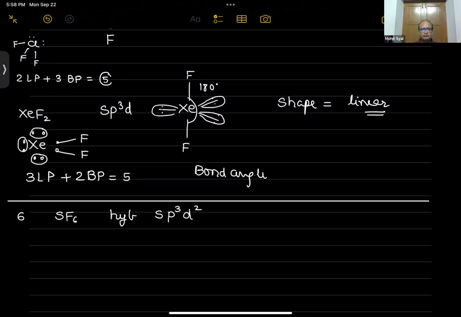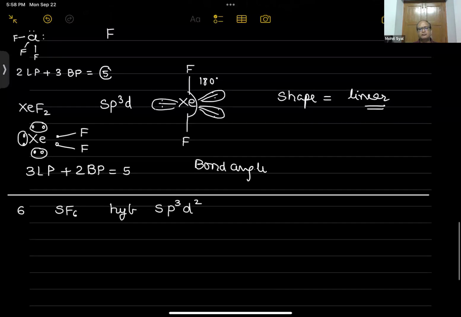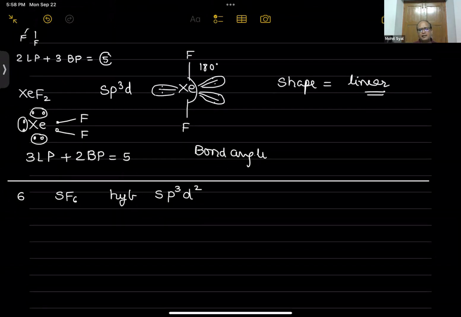So sp3d2. When you have steric number 6, you have sp3d2 hybridization.